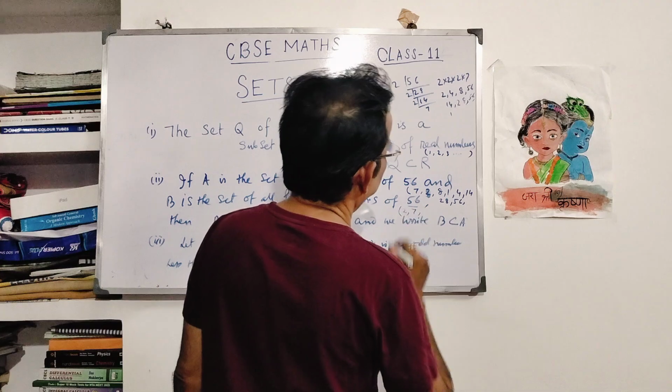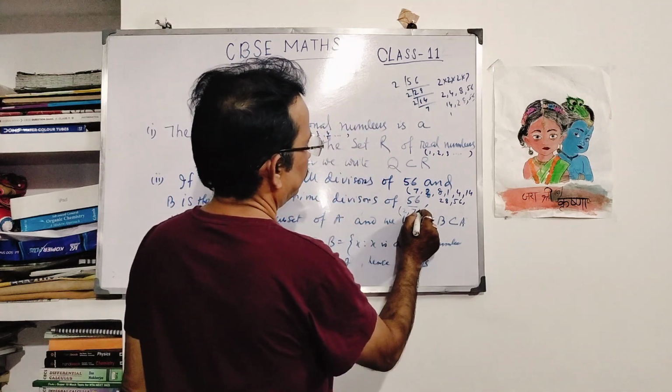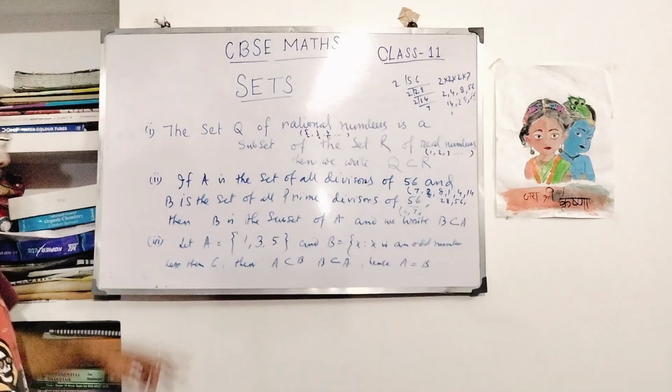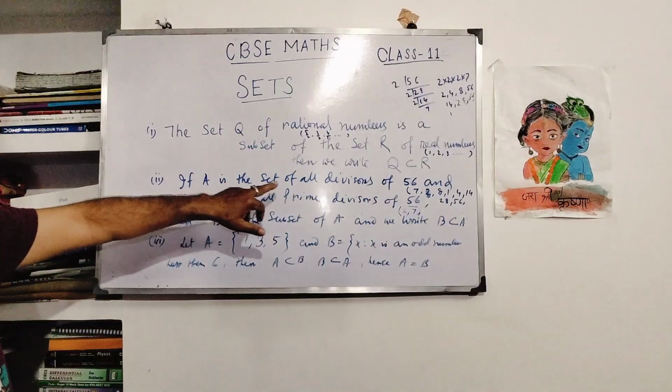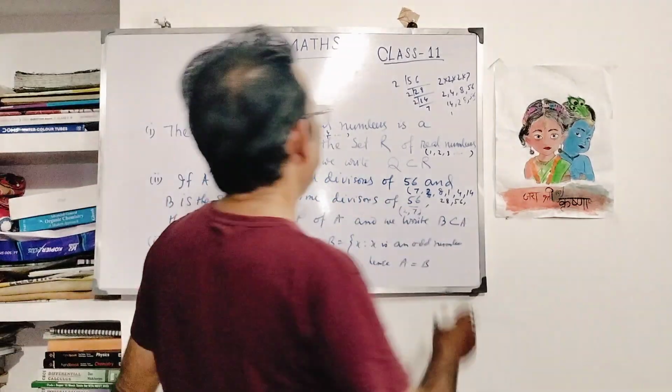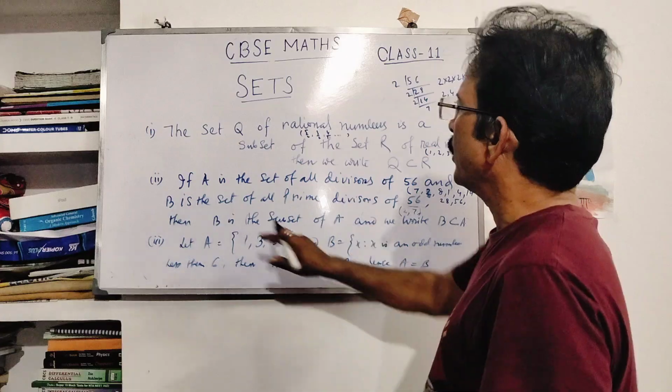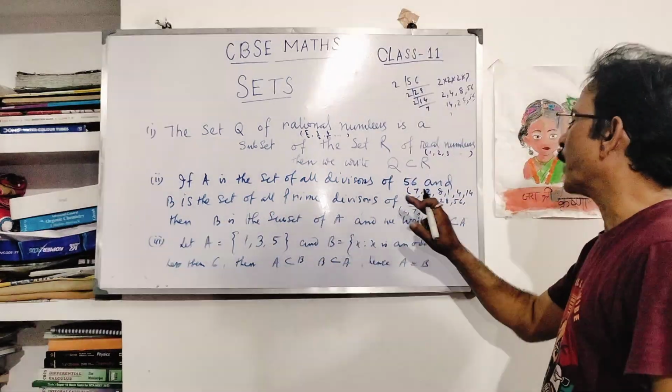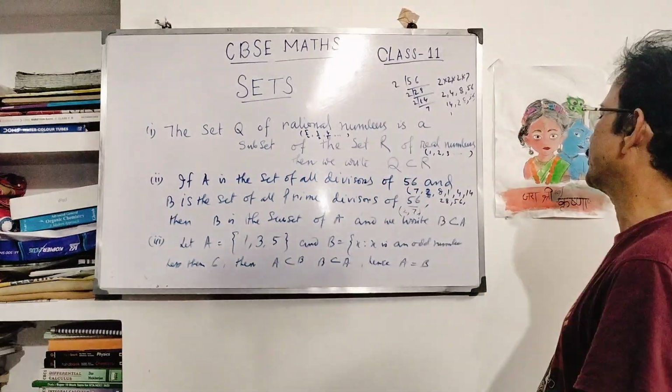These are the prime divisors. So A is the set of all divisors of 56, and B is the set of all prime divisors of 56.